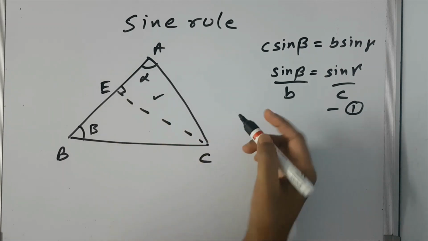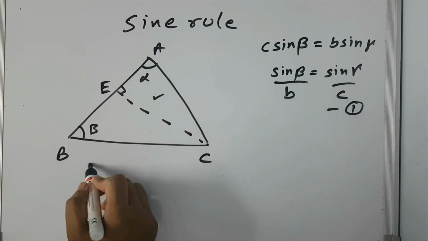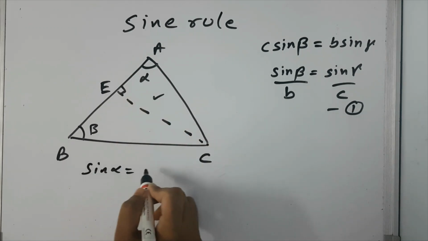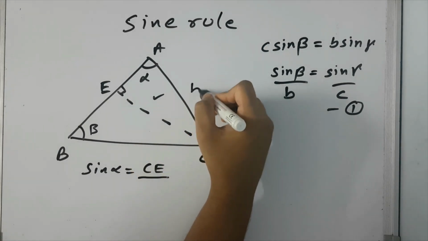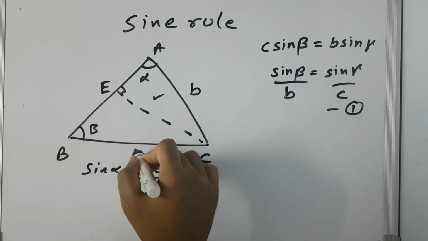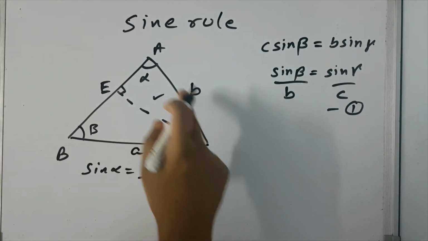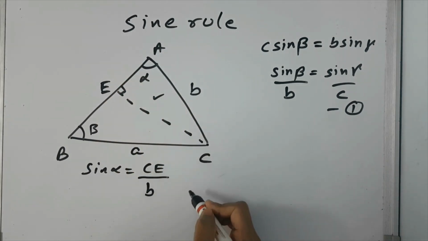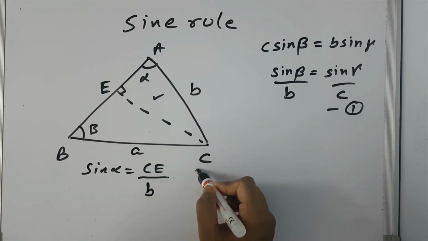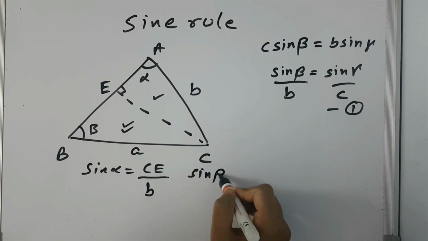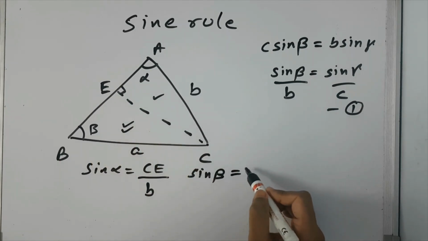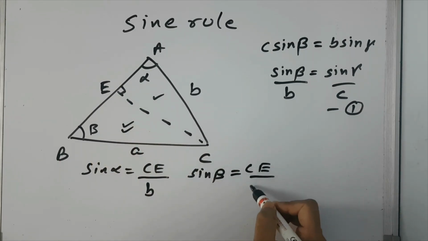From this triangle, you can say that sine alpha is equal to CE by B. And from this triangle, you'll get sine beta equal to CE by A.